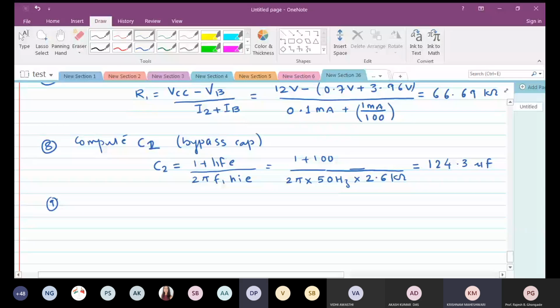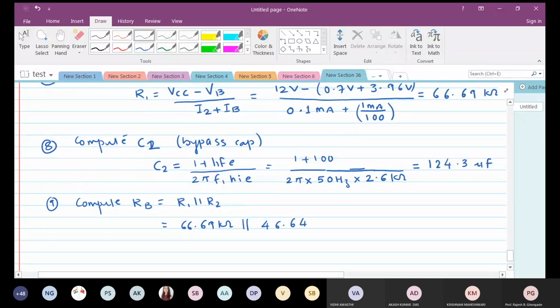Then we have to go for, let us say, compute RB. What is the RB? RB is R1 parallel R2. So what was the value of R1? 66.69 kilo ohms parallel with 46.64 kilo ohms.